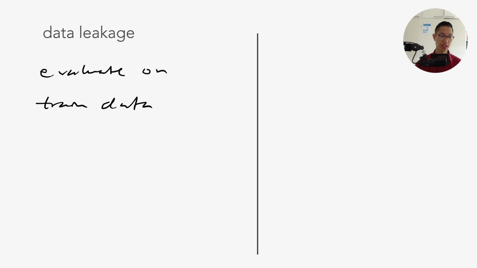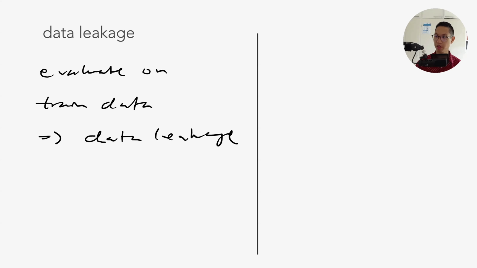Let's talk about data leakage. It happens when you evaluate on your training data. If you train on the data and you evaluate on the training data, then you get data leakage. Why is that? Because training means you minimize your error. If you minimize your error on the training data and then test on the training data, then you have leaked the data, because you have already seen the data that you will evaluate on.